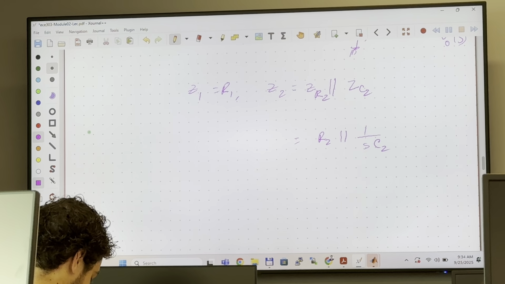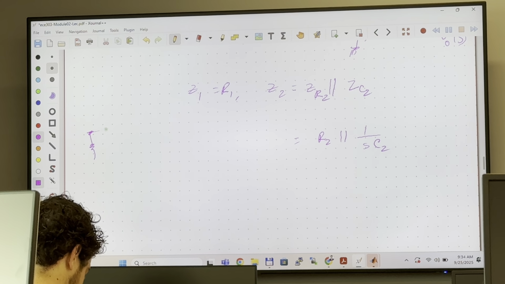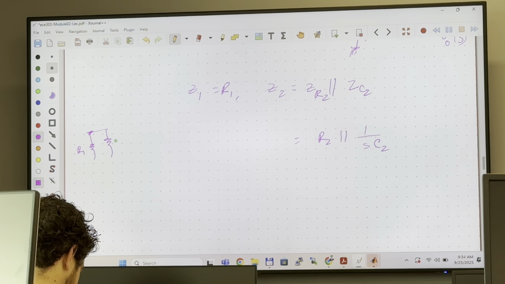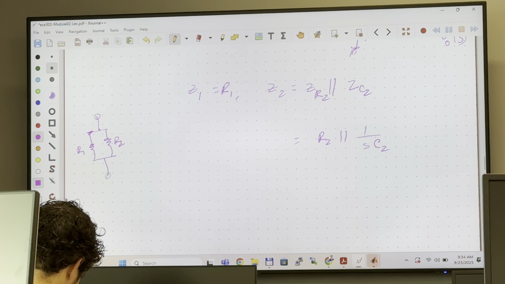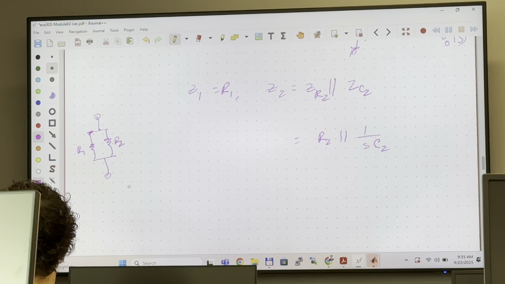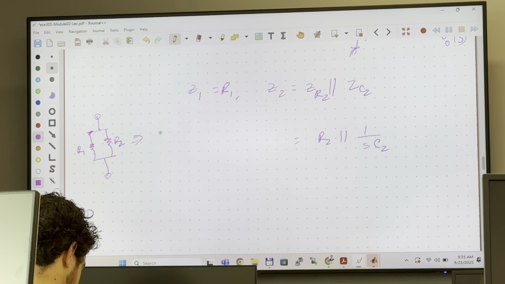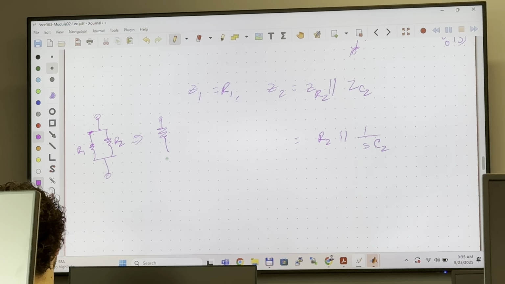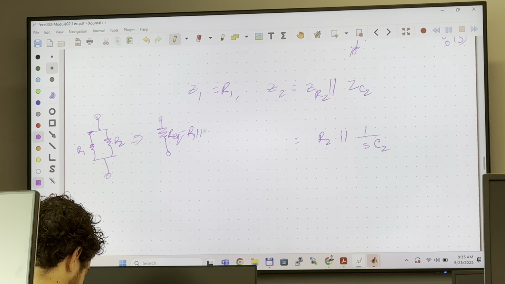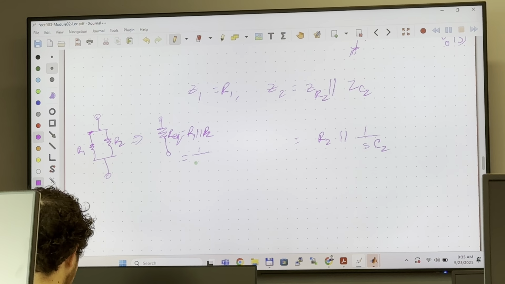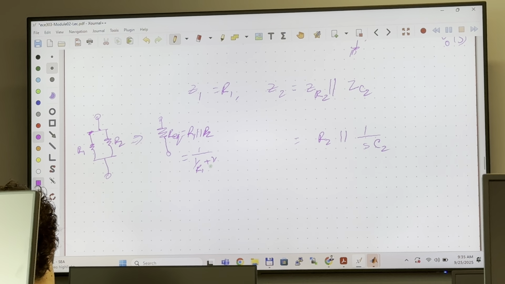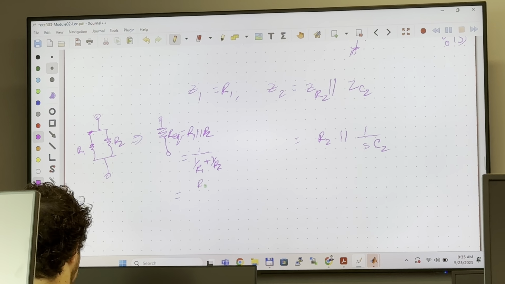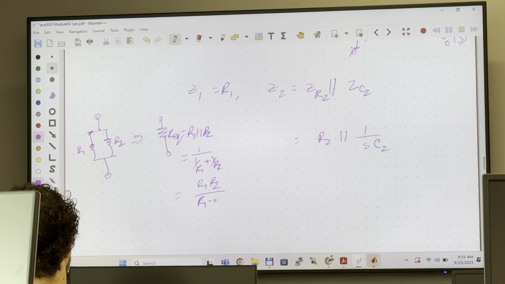So, two resistors R1, R2 connected in parallel. This means you can replace them with one equivalent resistor, R1 parallel R2, whose equivalent resistance is 1 over R1 plus 1 over R2, which is R1 R2 over R1 plus R2.